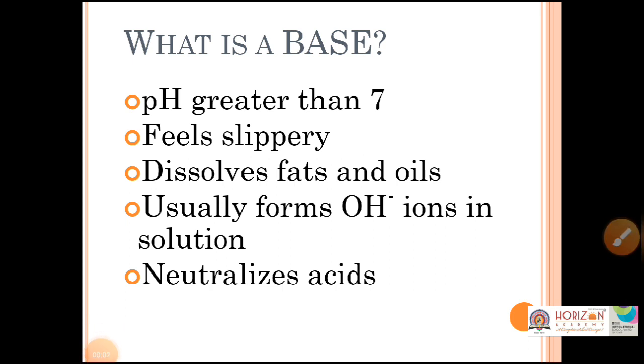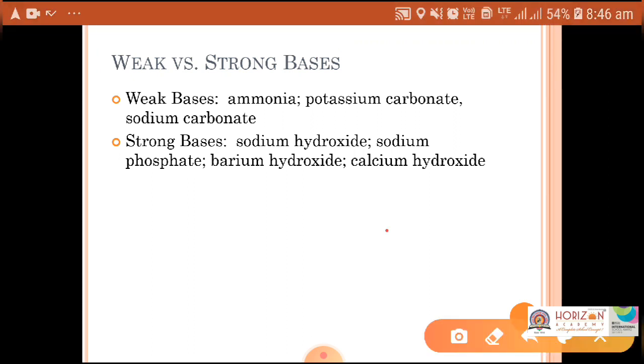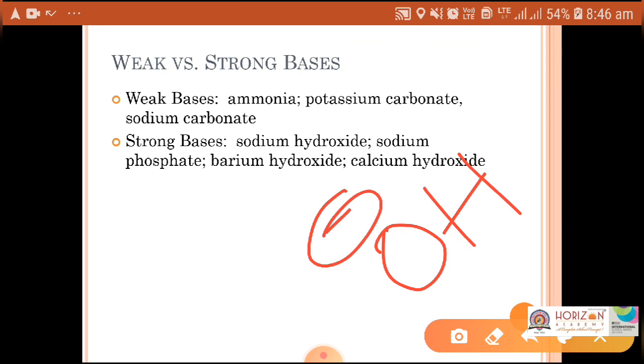Students, we have discussed some information about bases. Now let us see types of bases. Let us see weak bases versus strong bases. Weak bases are those which produce very few OH minus ions, that is hydroxide ions, in aqueous solution. When weak bases are dissolved in water, they produce very little OH minus ion.